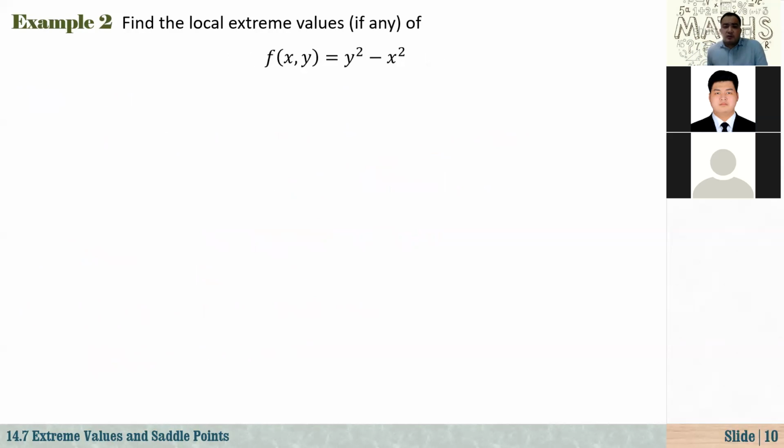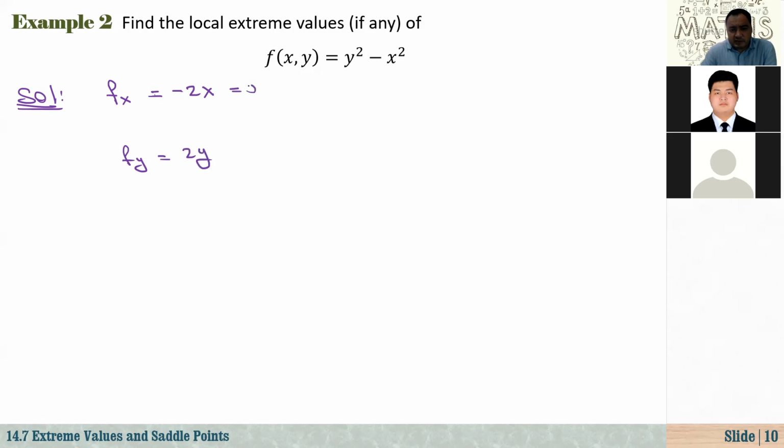Okay, find the local extreme values, if any exist, of this function. So again, first, if you evaluate the partial derivatives, fx is equal to minus 2x, and fy is equal to 2y.